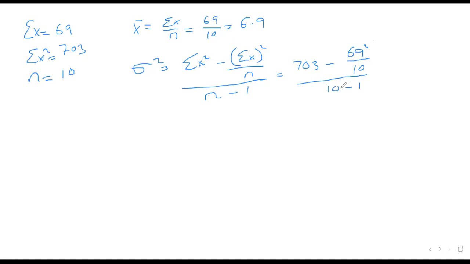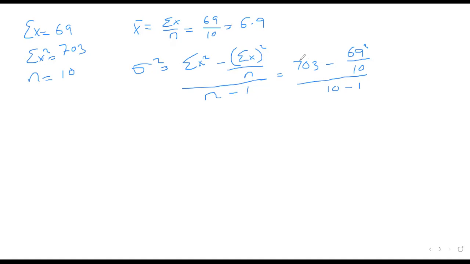What are we getting? So you start from here, square the 69, squared over 10, then the answer subtract from 703, then you divide by 9, which is 10 minus 1.